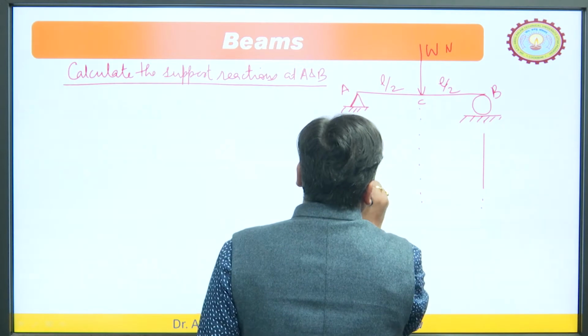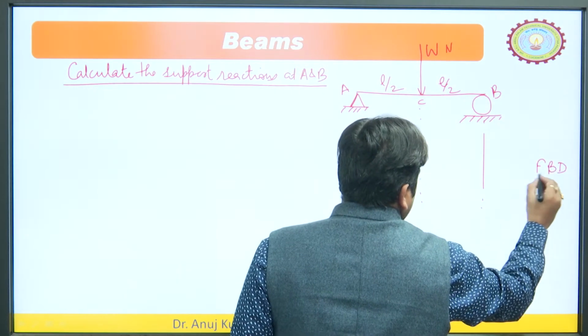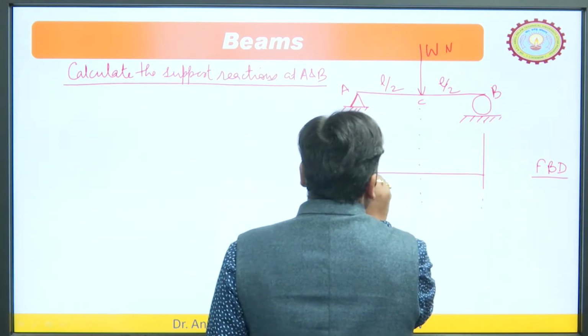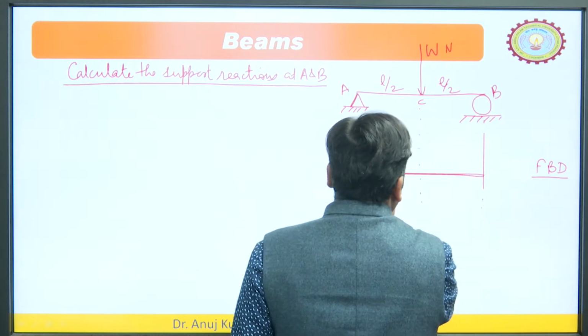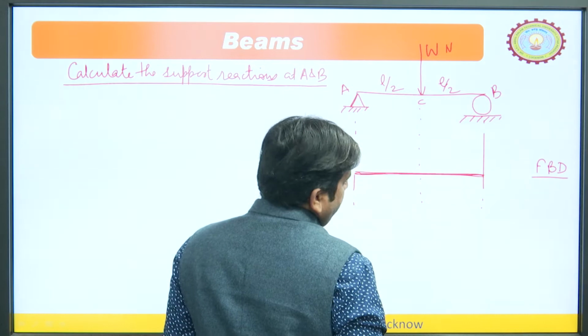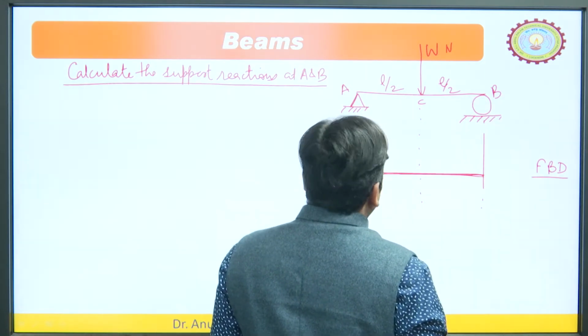So we are drawing the free body diagram of this beam. You draw the beam, sometimes thicker, so that it is easy to differentiate. Now, we know from the study we have already done.